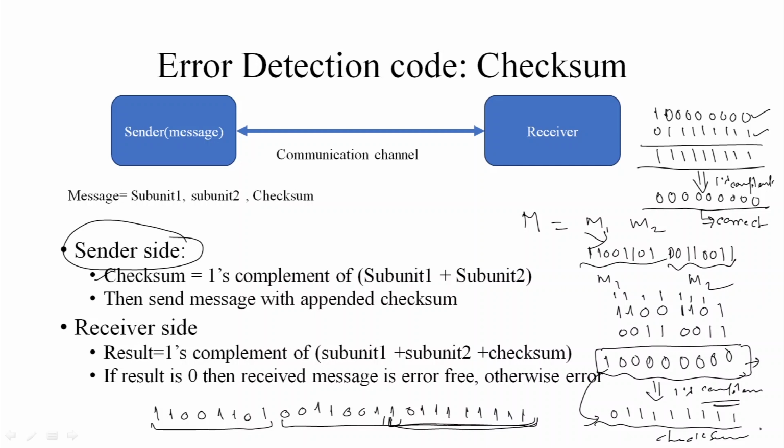Suppose some error occurs, like this: there is a change at some unit of time when the sender sends the message, and this particular bit position is changed to 1.